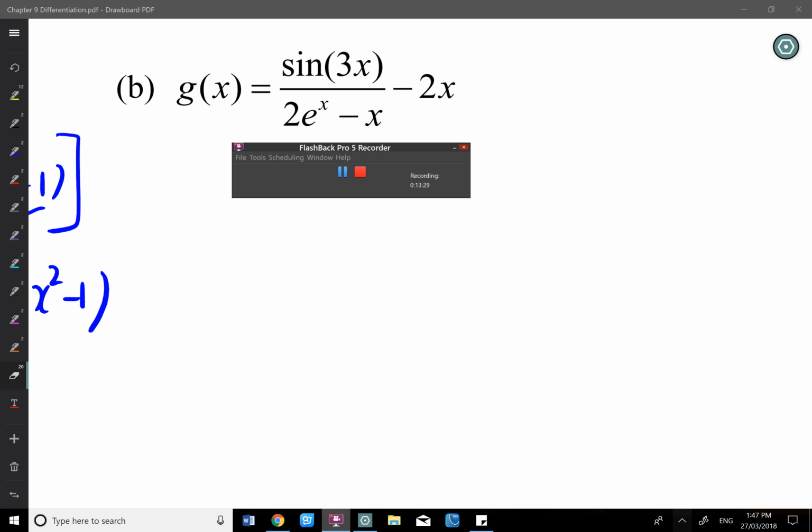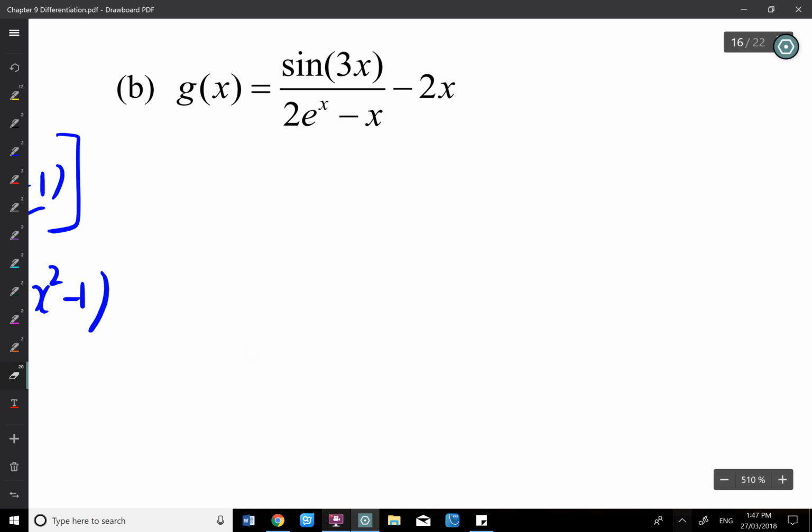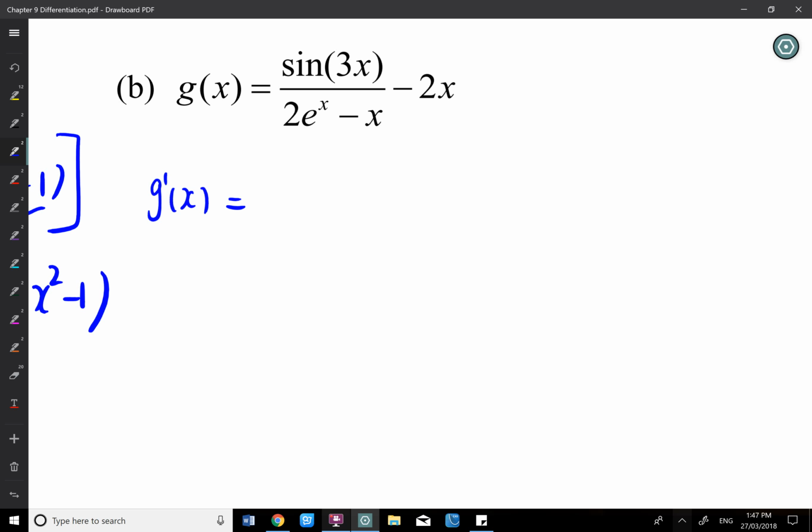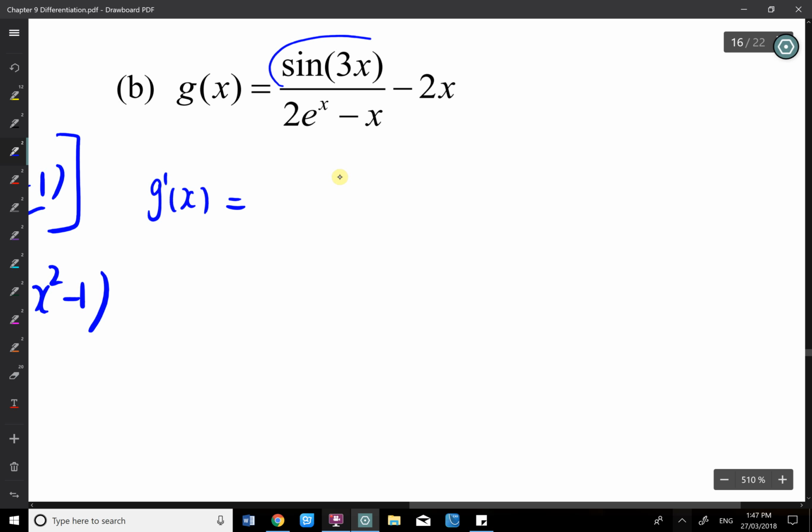Okay, the first one we need to use the quotient rule. So g dash x equals, first of all, think about the numerator. The numerator will be derive the top first. The derivative of a sine will be a cos, and you derive the inside, that's 3 cos 3x.